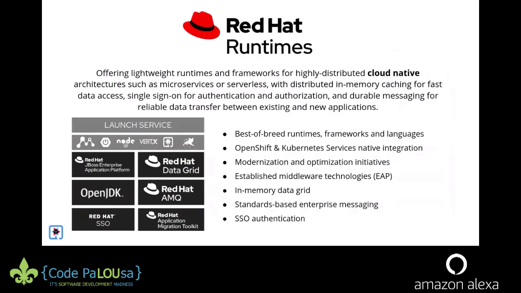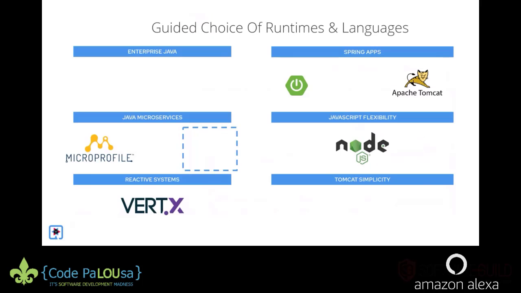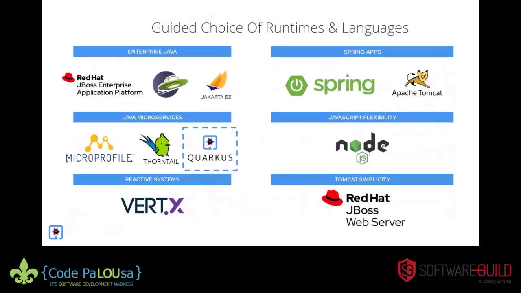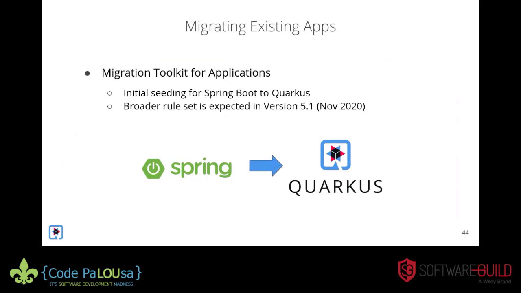You can log support requests, and this is just what's included in those runtimes, support for all those things, including Spring. So you can see Quarkus noted there, along with some other frameworks, including Vert.x. I mentioned migrating applications from Spring.